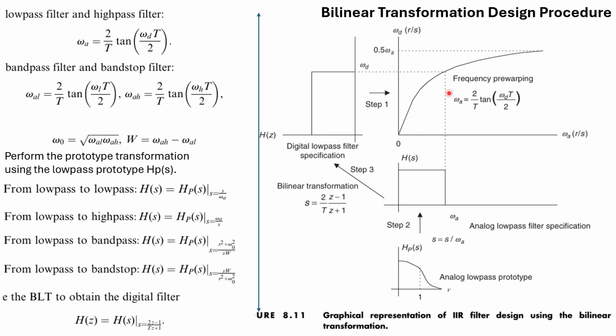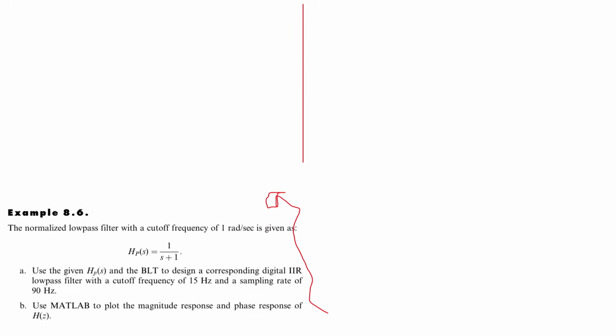And then the final step is your omega_a, you can get these values, replace and get the value of the filter, right? So step one is the prototype, step two is to replace the value, step three is converting into digital, and the final step is to get the design of the filter.